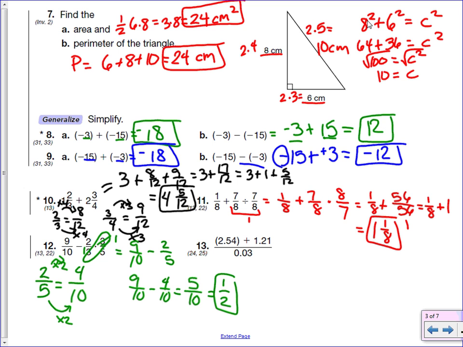Number 13, we have 2.54 plus 1.21 divided by 0.03. And when I have things like this being divided or as a fraction, I first do the top, then I do the bottom, and then I do the division.